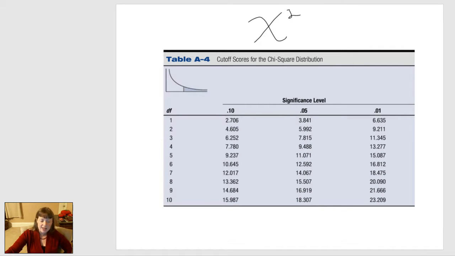Because our calculated chi-square is bigger than the critical value, we're going to reject the null hypothesis. We're going to say that in Encino, people seem to prefer the Brahmas more than they prefer the monarchs. More people prefer the Brahmas over the monarchs. We're going to reject the null hypothesis, and that will mean that p is small.